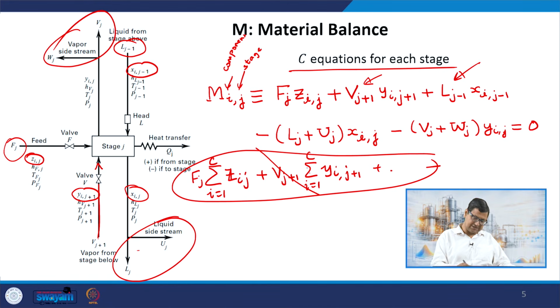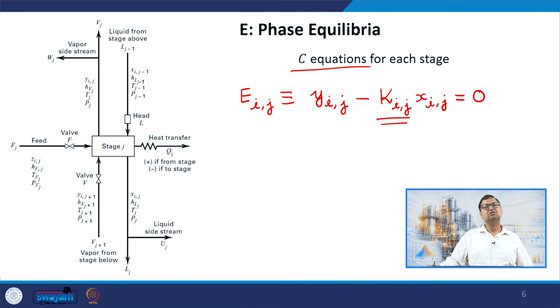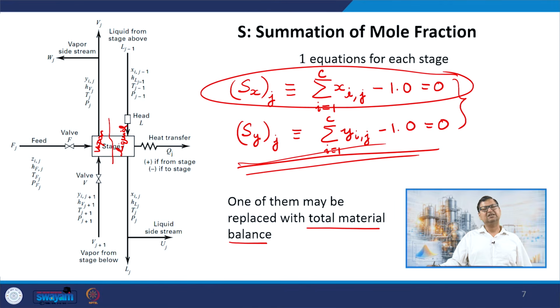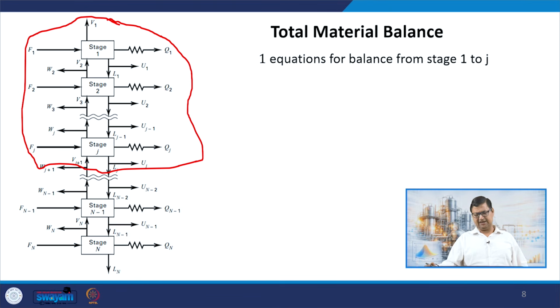But if I do not consider one of the summation equations in our list of equations, then in that case we can define a total material balance that becomes a separate independent equation in place of the summation of mole fraction equation, right. So, we will take one from here and the other one I will write a total material balance, and that balance I am going to write from stage 1 to stage j, right.